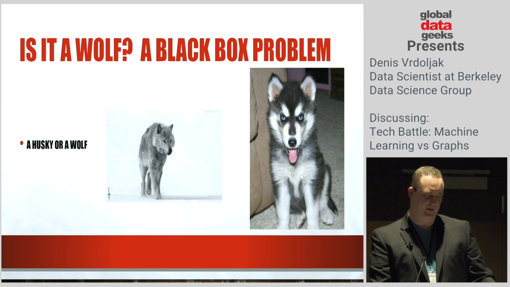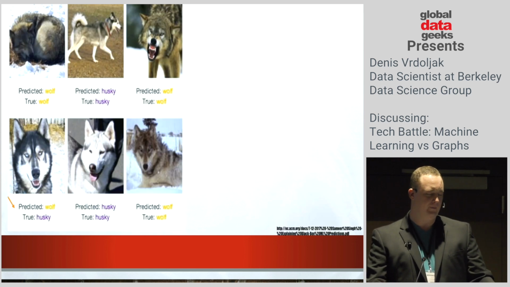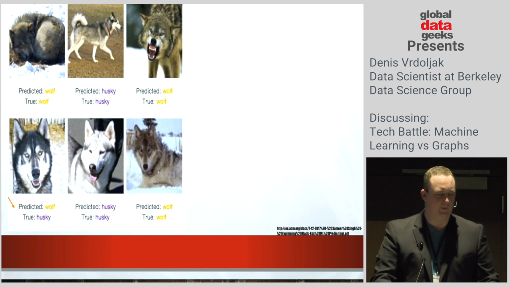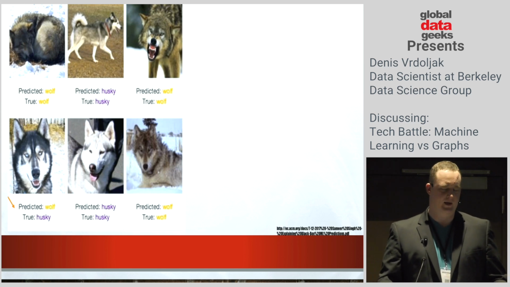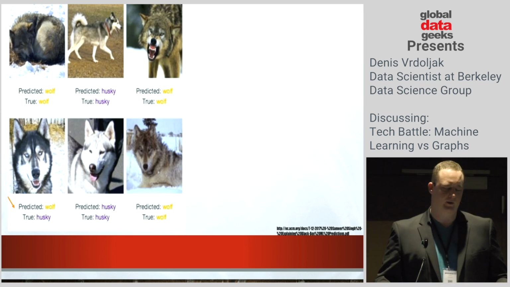There's a team that put together a classifier for a wolf or a husky, and they got it to be pretty accurate. With this couple of examples, there's only one that's wrong. The one on the bottom left predicts a wolf, but it's actually a husky. But if you look a little more closely, when they analyzed the model, they realized that they weren't looking at the dog.